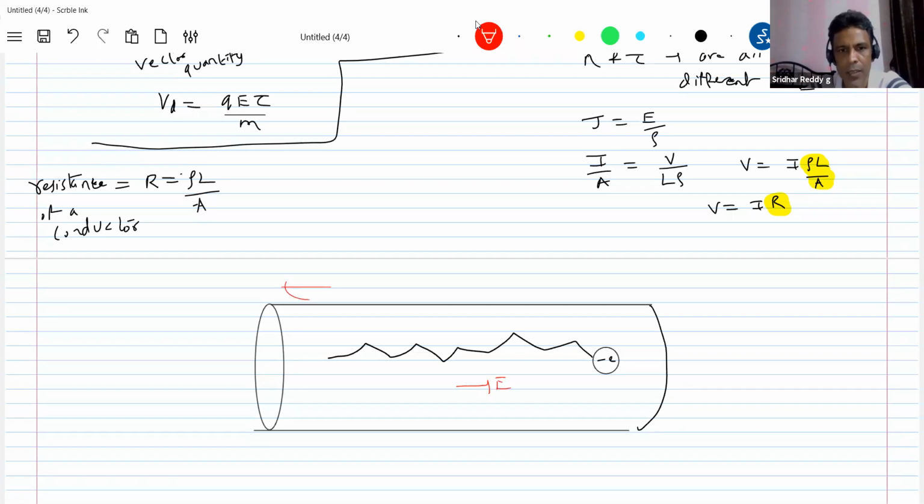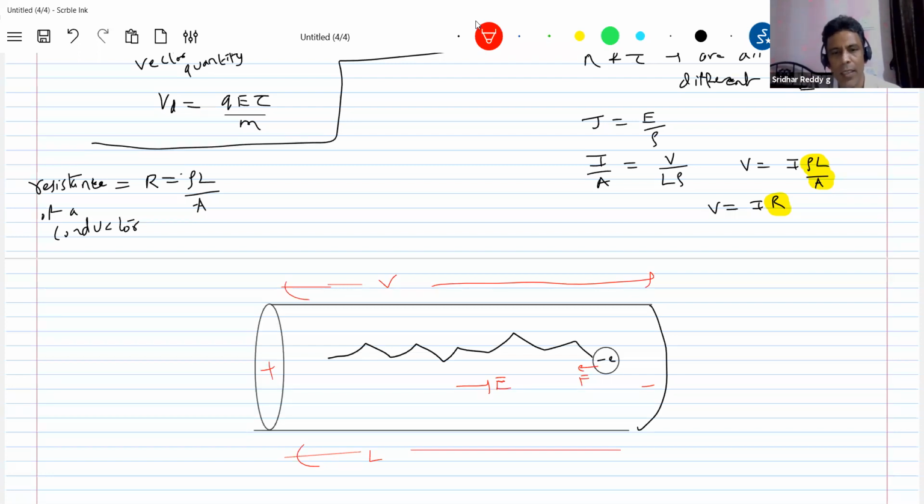We applied a potential difference V. Let L be the length of the conductor. So if one end was positive, this will be negative. Because of that, the electric field will be like this, and this electron will experience a force here. What do you mean by resistance? Resistance to the flow of charge by the material of conductors. How do you define electrical resistance? It's a measure of opposition to the flow of charge by the material of the conductor.